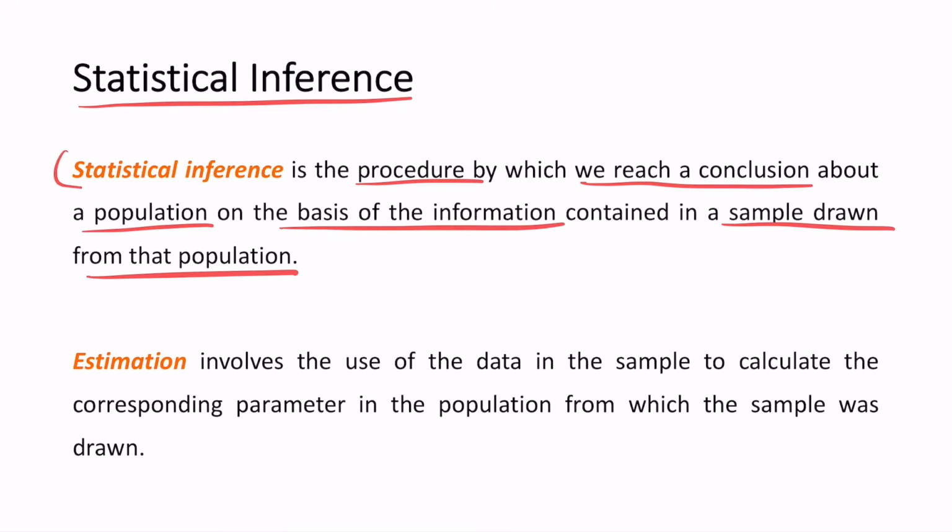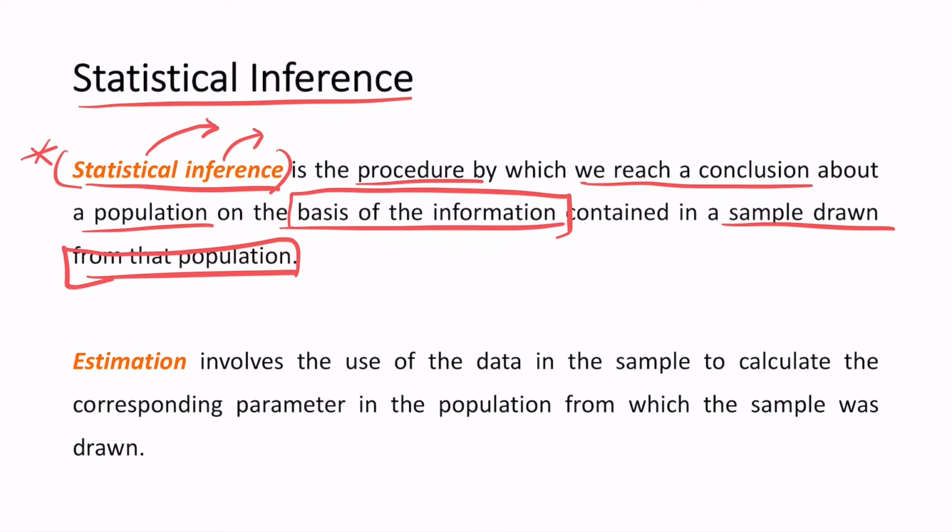So remember the term statistical inference. Whenever we say statistical inference, we mean it is inferential but using statistical methods. We already have a basis, the information contained in the sample drawn from that particular population, so we are trying to reach a conclusion.